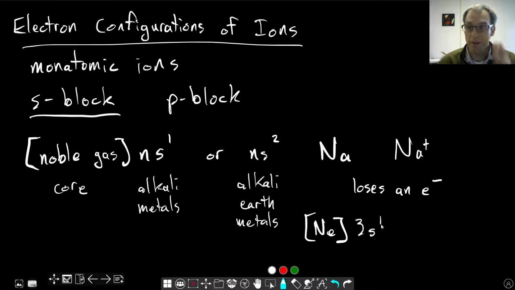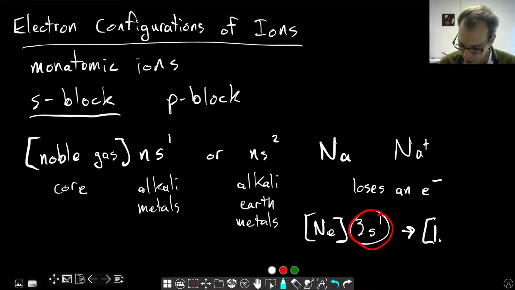Now the easiest way for sodium to be like neon, to have the same electron configuration, is to lose this 3s electron. So once it loses that 3s electron, its configuration becomes just the same as that core set of neon electrons.